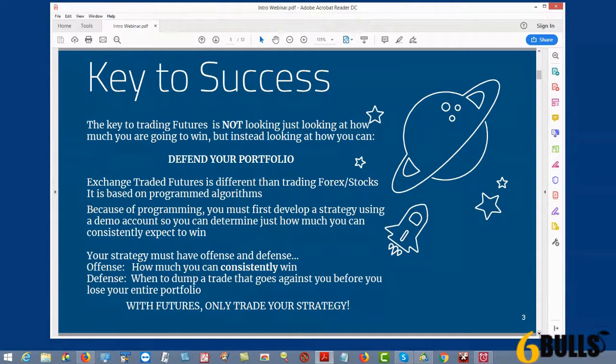The reason this is so important is because when it comes to trading futures, and these are a little bit different than, let's say, if you're used to trading Forex or stocks. When you're trading futures, futures are based on programmatic algorithms. It's a very different thing than stocks or Forex.